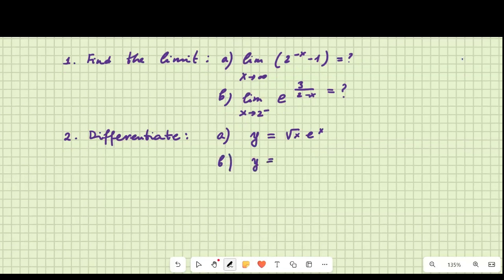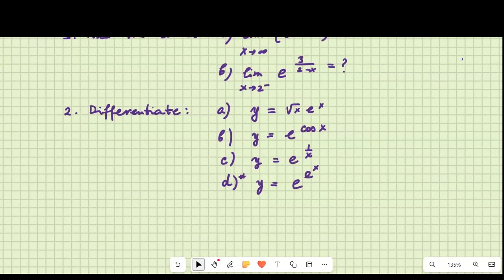My second function is e to the power of cosine of x. Third function is e to the power of 1 over x. And fourth function, star, super complicated one, is e to the power of e to the power of x. Or a little complicated function.